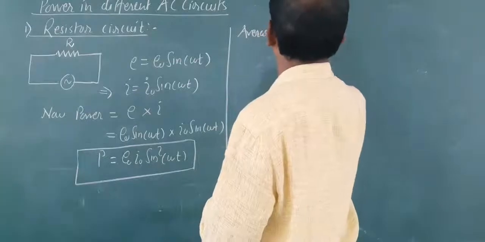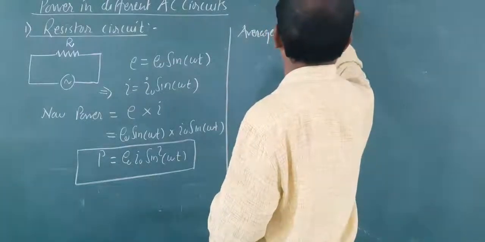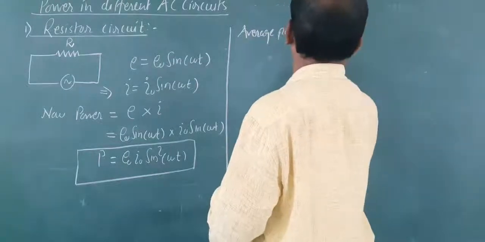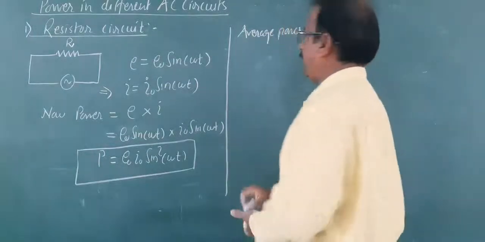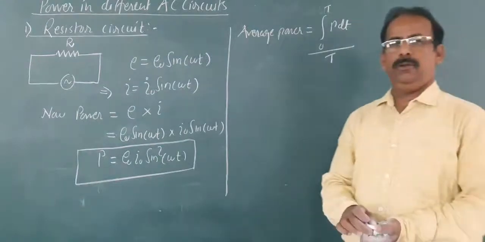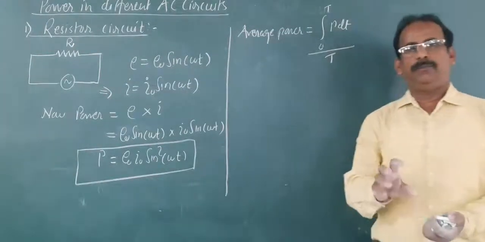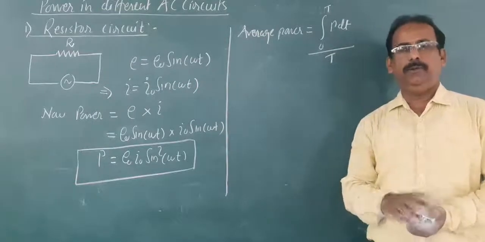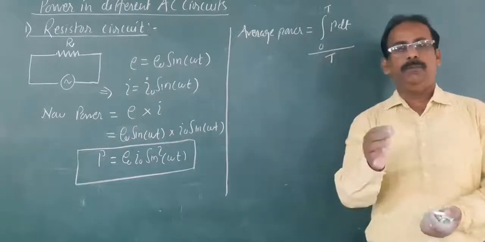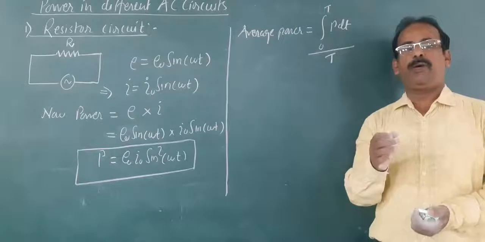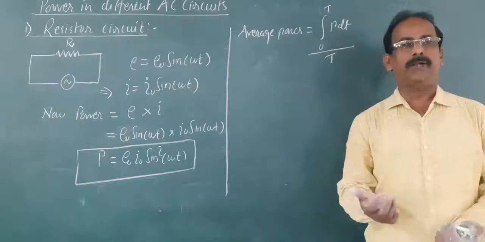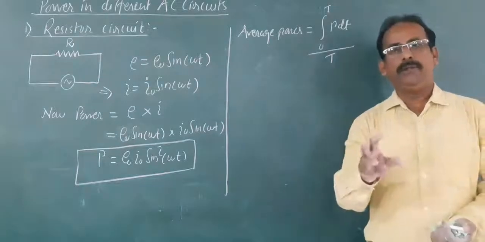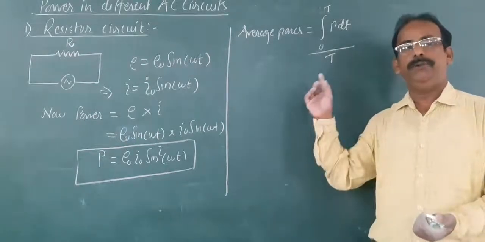Average power is integration 0 to T of P dt upon capital T. Take the integration of instantaneous power for one complete cycle and divide by total time taken for one cycle, which is equal to period.